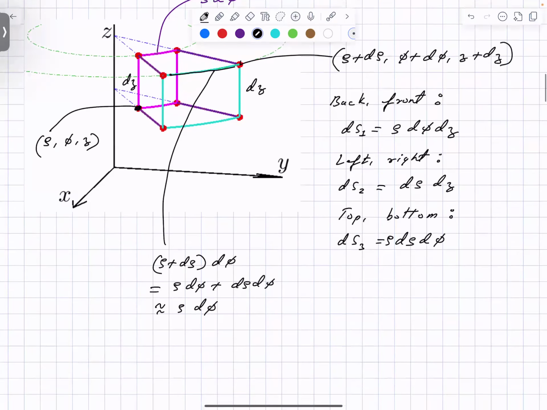And then similarly, we have a differential volume as well. For the volume, we will consider it a rectangular box, even though it's a truncated wedge, we'll think of it as a box. So the volume will take the product of the length, width, and height. So what would that be?